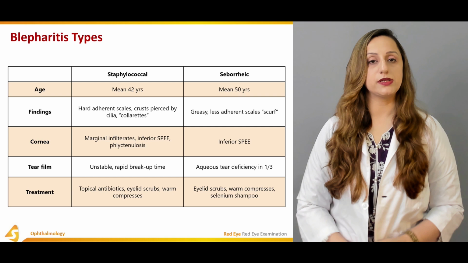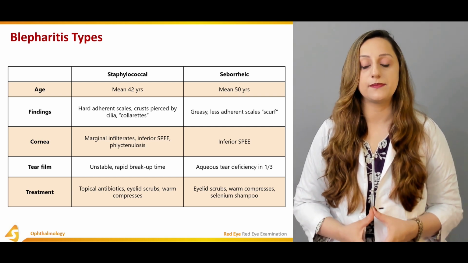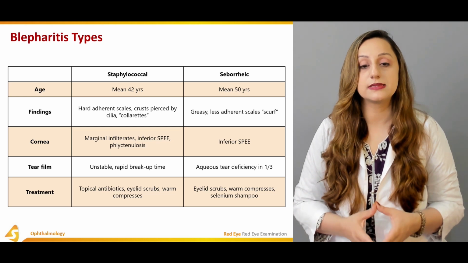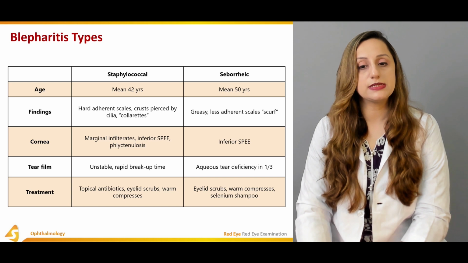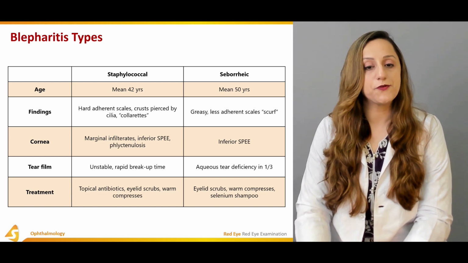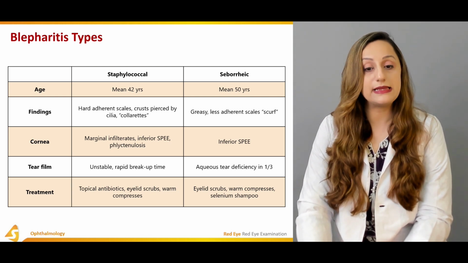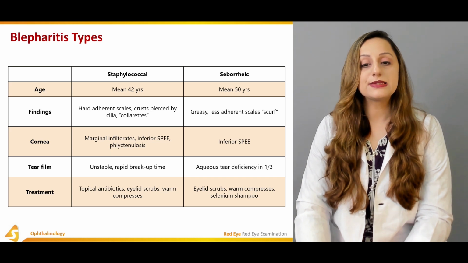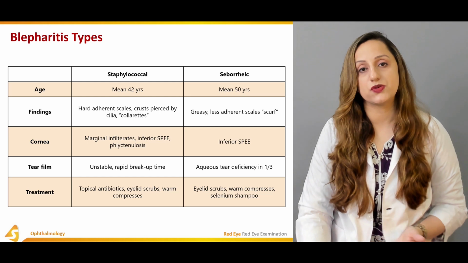Differentiating the staphylococcal type of infections from the seborrheic infections, which can result in blepharitis, the age is usually 42 years in staphylococcal infections and 50 years in seborrheic infections. The findings in staphylococcal infections are hard, adherent crusts pierced by cilia or collarettes. In seborrheic infections, we have greasy, less adherent scales or scurf over here.